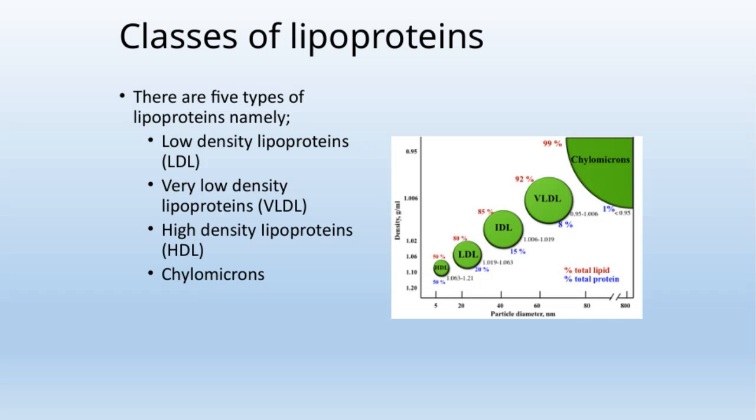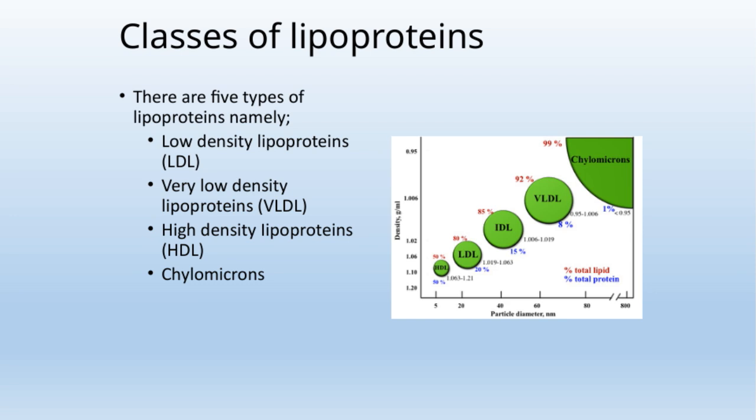Today, I want to talk about the 5 main types of lipoproteins that play a crucial role in our body's lipid transport system. First, we have low-density lipoproteins, or LDL, which are often called the bad cholesterol because they can contribute to plaque buildup in our arteries. Then, there are very low-density lipoproteins, or VLDL, which primarily carry triglycerides from the liver to tissues.